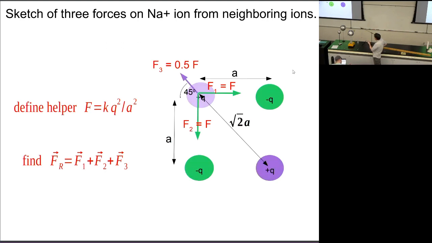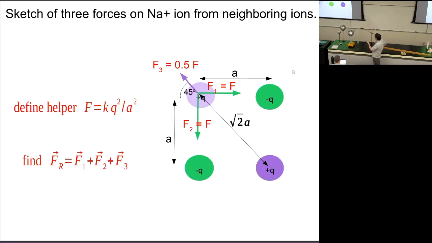This green downwards force, an attractive force, this green force to the right, an attractive force, and this magenta force along the diagonal, a repulsive force. I labeled them F1, F2, and F3. That's the force due to charge 1 over here, charge 2 down here, and charge 3 in this bottom corner.